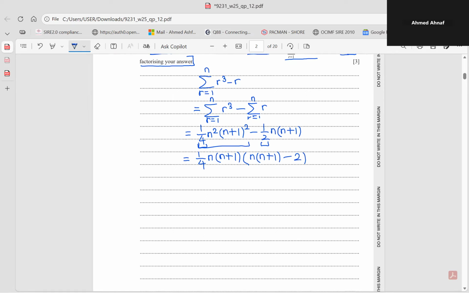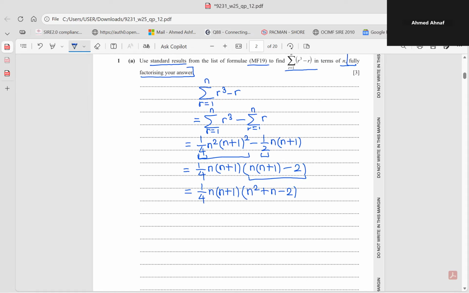Okay, let's expand this slightly factorized quadratic expression. Okay, so n times n is n squared, n times 1, that's plus n, minus 2. Okay, let's see if we can factorize this quadratic equation. So just try to solve it using a calculator.